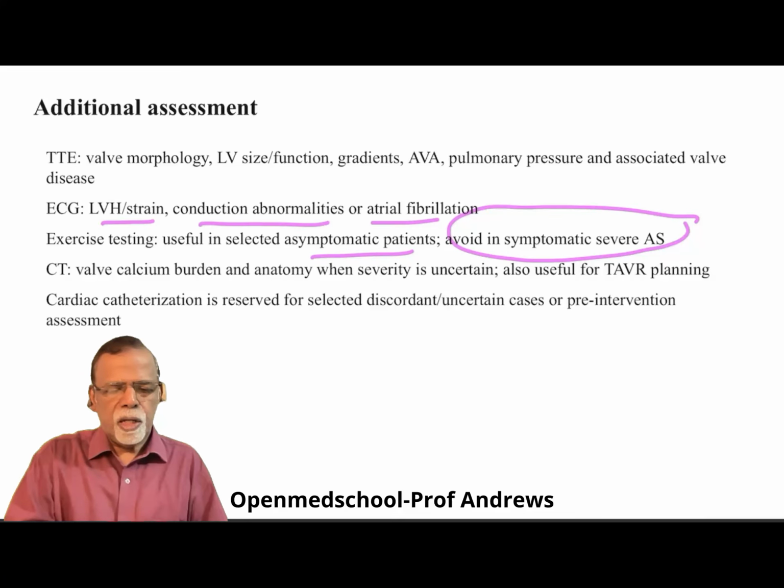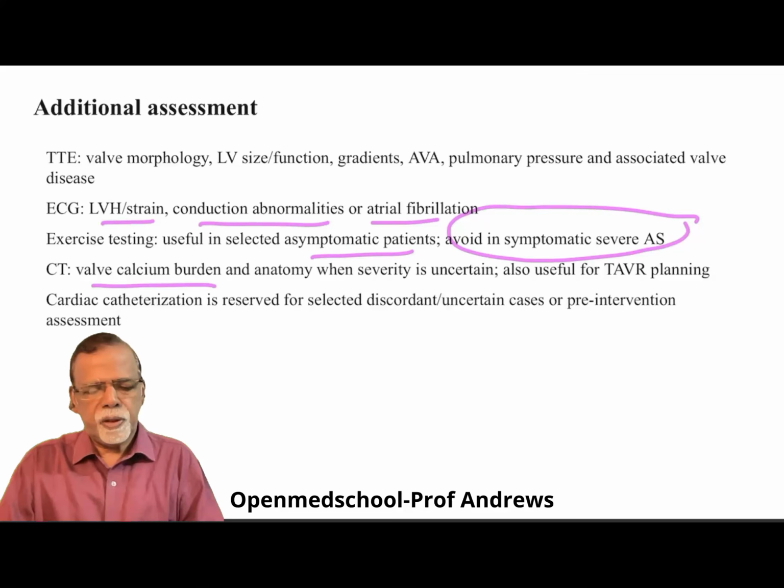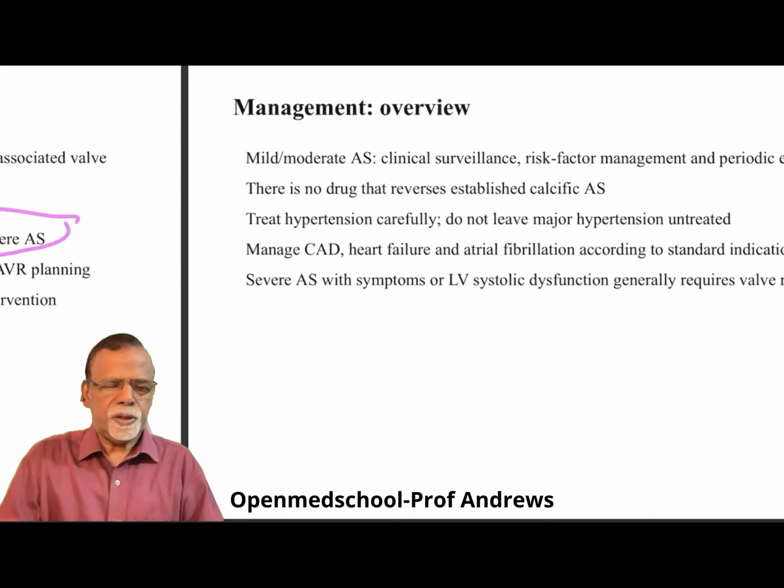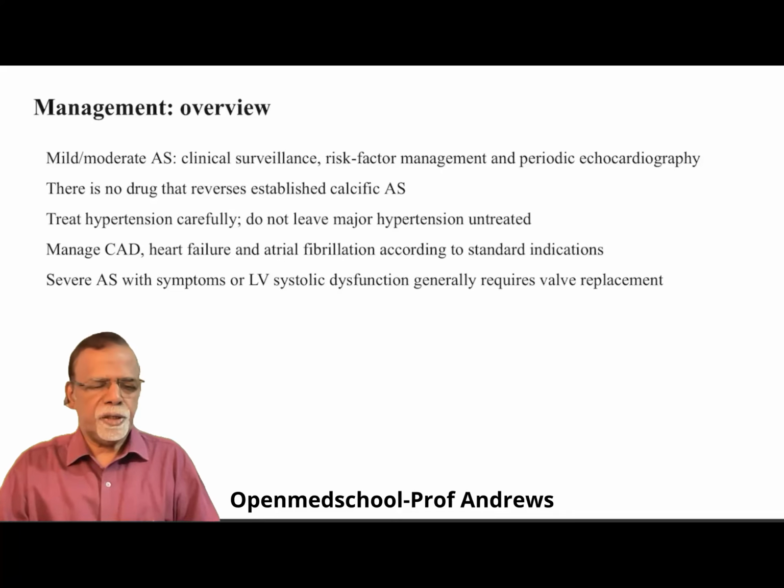CT, valve calcium burden to identify the valve anatomy and severity. Cardiac catheterization is reserved for selected discordant or uncertain cases for hemodynamic assessment only. So these are the other additional tests.